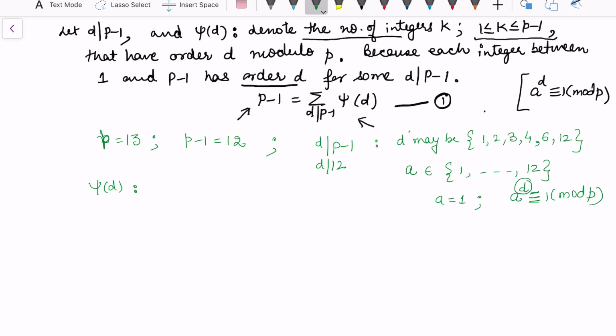Now let's take D is equal to 1. So let's take A is equal to 1 first. So 1 raised to power D is congruent to 1 modulo P. So what is the possible choice for divisor? 1. So here D has to be 1.